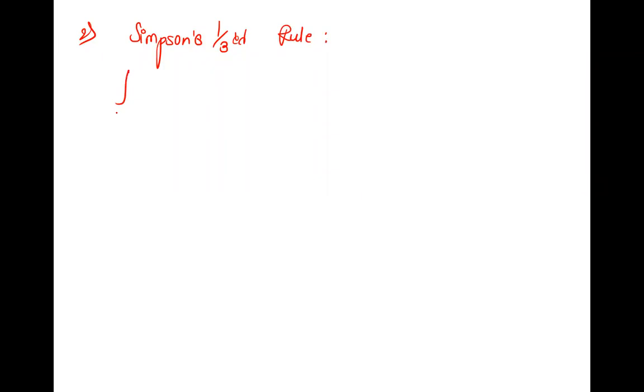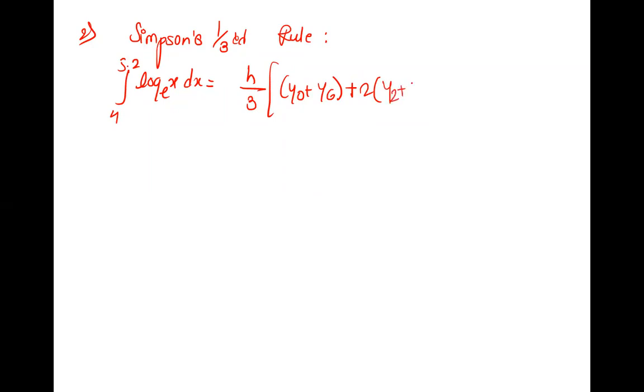So it is integration 4 to 5.2 log x to the base e dx is equal to h by 3 (y0 plus y6) plus 2 into (y2 y4) plus 4 into (y1 y3 y5). The remaining y1, y3, y5 go with 4; y2, y4 go with 2. Okay? All of y0, y1 are there. Yes, all are there.